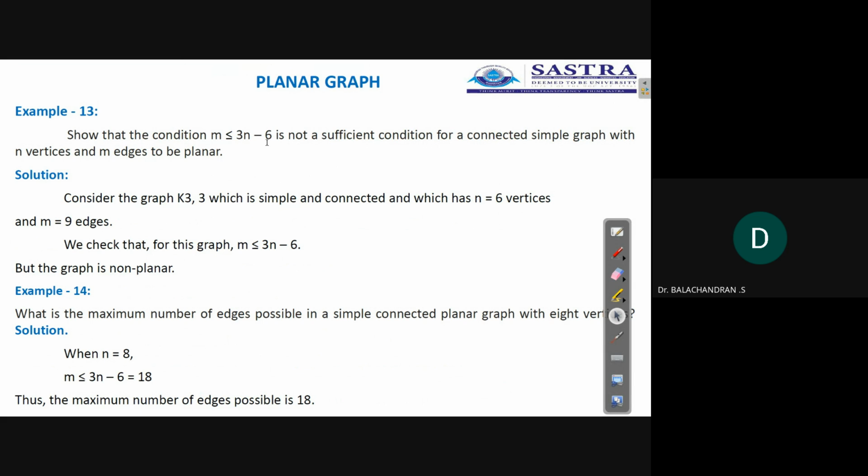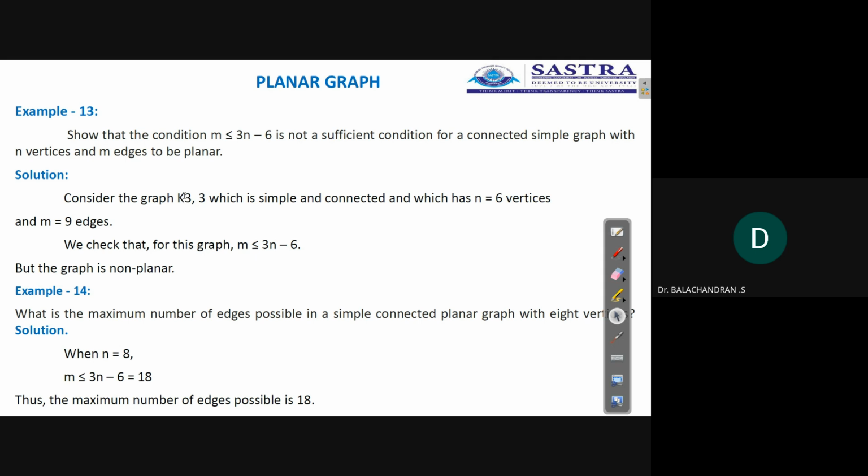Actually we know that if G is planar, then this condition is satisfied. But if this condition is satisfied, it does not imply G is planar. That's why this is not a sufficient condition, because in K33 this condition is satisfied, but K33 is non-planar.